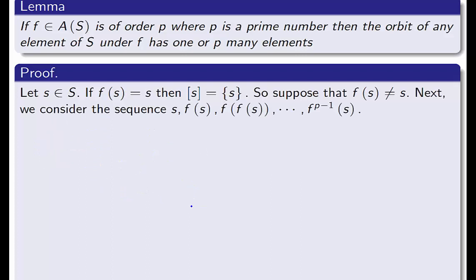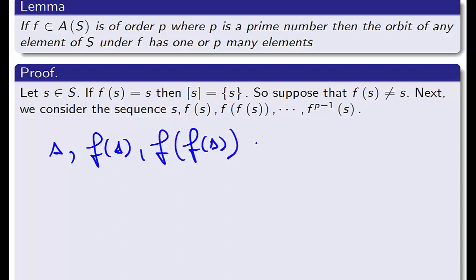Now suppose that f of s is not s, and let us consider the following sequence. We take s, we take f of s, we take f^2 of s, and we keep going in this fashion all the way to f^(p-1) of s.